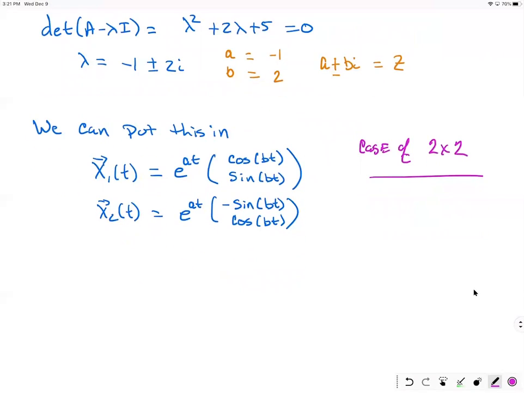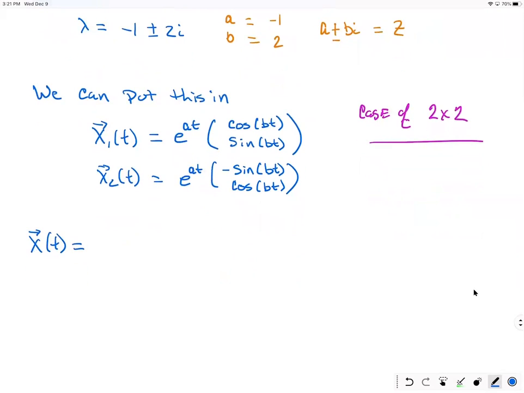And then we write out our solution like this. X of t equals c1 times x1 of t plus c2 times x2 of t.